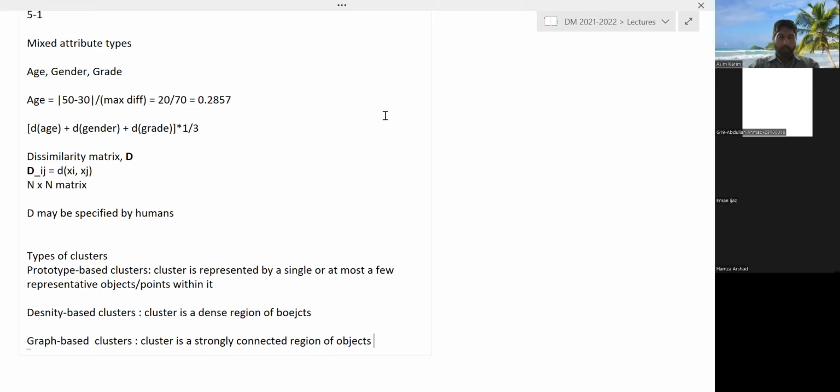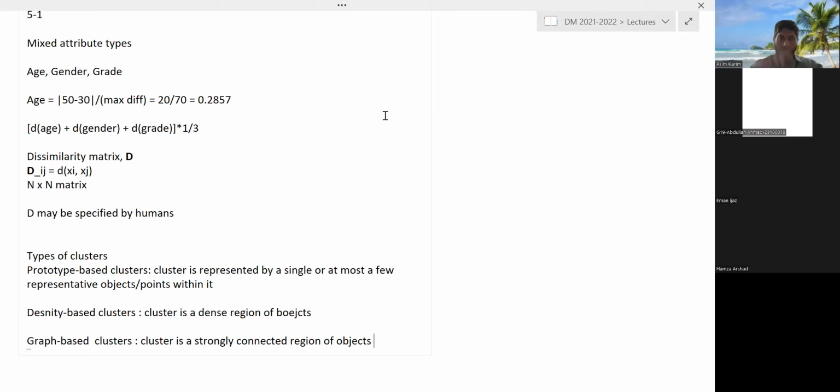Graph-based methods consider all objects as well as the similarity between the objects. Think of two objects and a line between them. That line captures the strength of similarity between those two objects. Together, if that strength is very high, then that would be a cluster, otherwise it will not be. So both connectivity and the strength of the connectivity are important.